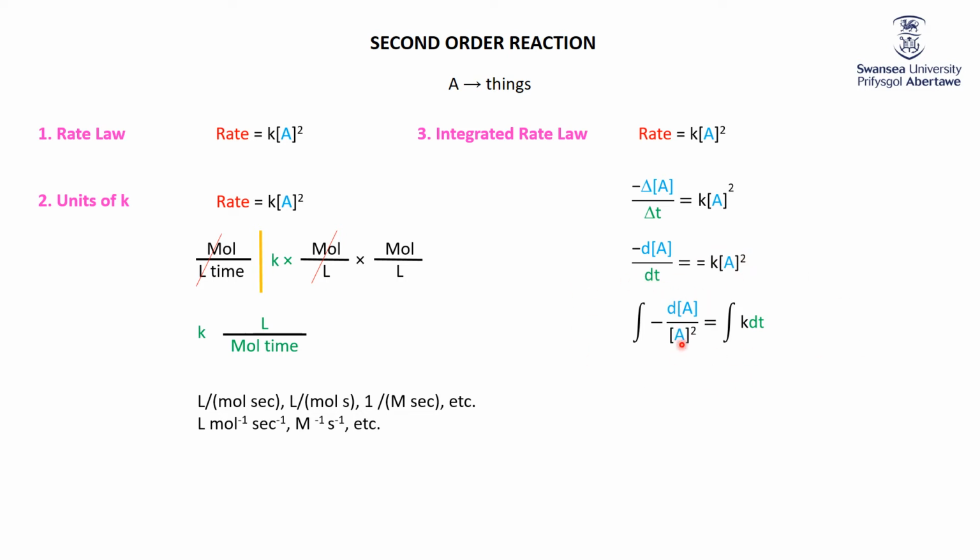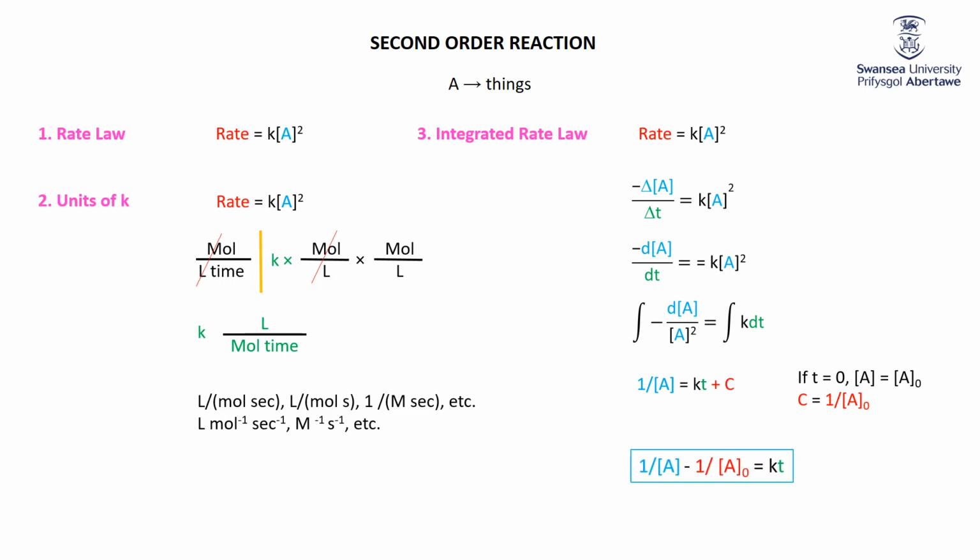And now the integral of 1 over A squared is A to the -2, which will be A to the -1 over -1. So that just becomes 1 over A, because we had -1 over A and we had that minus sign there. Integral of k with respect to t is kt plus C. Again, if t is 0, A is A0, so this goes out, A is A0, so C is equal to 1 over A0.